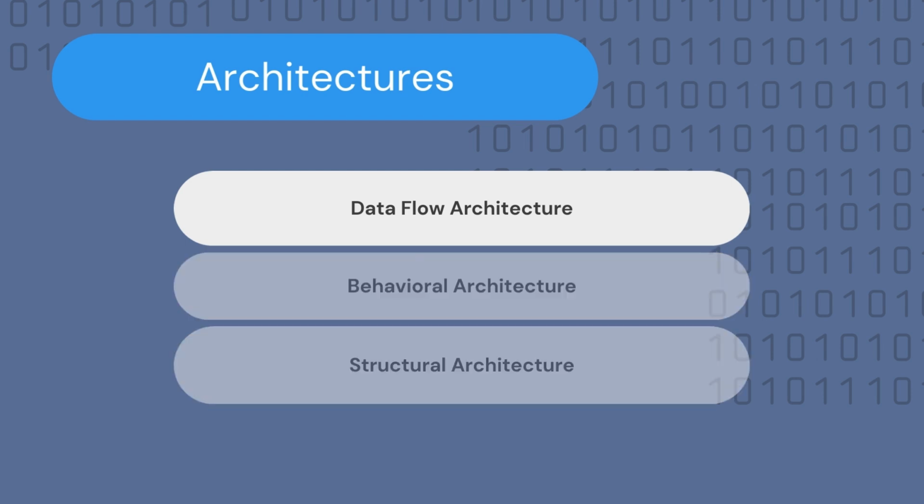So let's start with the data flow architecture. In this architectural style, the circuit is represented by the flow of data through the circuit. In the data flow approach, circuits are described by showing the input and output relationships between various built-in components of the VHDL language, such as the use of AND or XOR components.